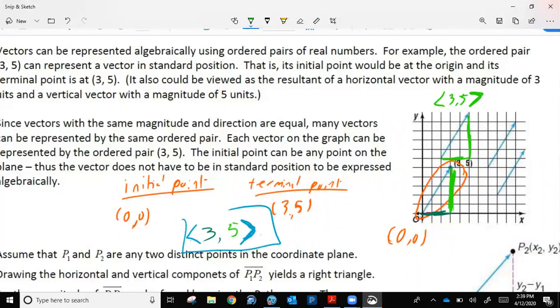Again, I use greater than, less than looking symbols around the 3 and 5 to denote that it's not a point, that's a vector. This is not at position 3, 5. It has moved 3 units horizontally, 5 units vertically. Same thing here. This vector has moved 1, 2, 3 units horizontally, 1, 2, 3, 4, 5 units vertically. So this is vector 3, 5.